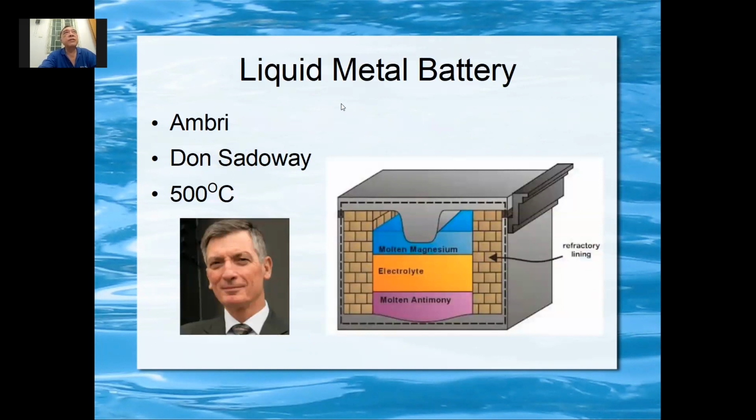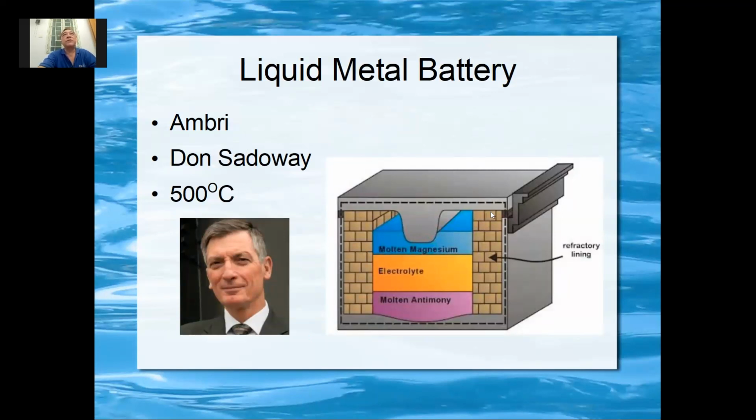Liquid metal battery was started by this fellow, Don Sadoway, company called Ambri, from Cambridge. So you just take the center word called Ambri. Okay, to make the metal molten means to melt the metal, and you need 500 degrees C. So you heat up this whole piece, and then you get a metal anode, cathode, and then the electrolyte.